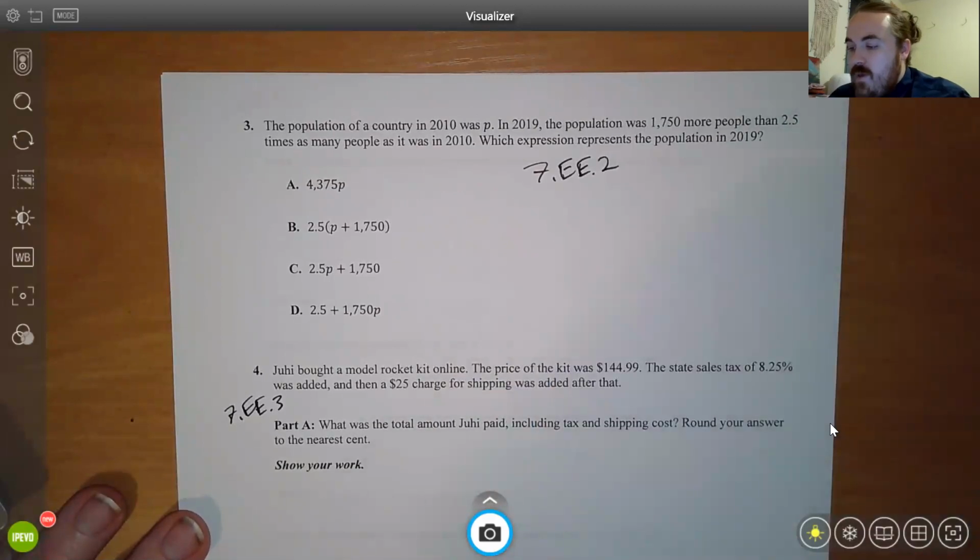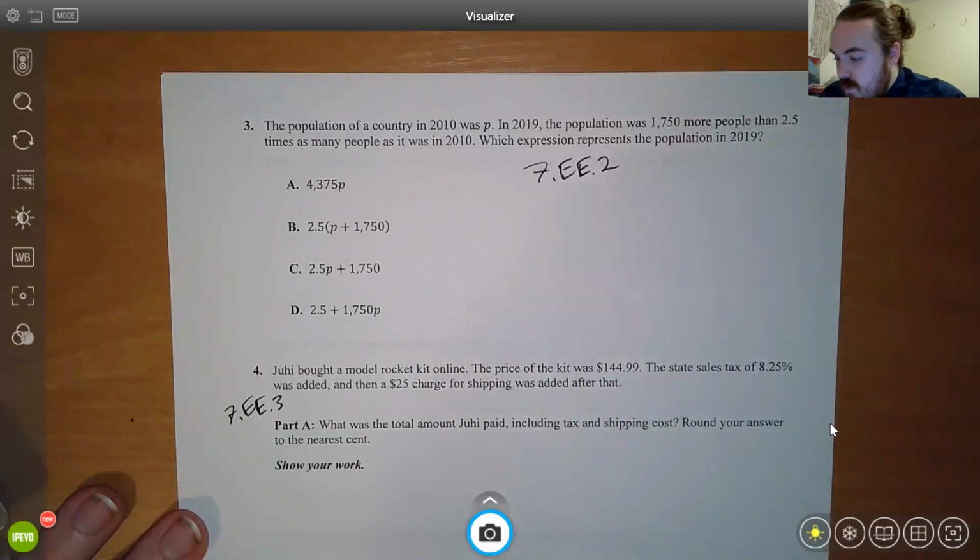All right, number 3. The population of the country in 2010 was P. In 2019, population was 1,750 more people than 2.5 times as many people as it was in 2010. Which expression represents the population in 2019?